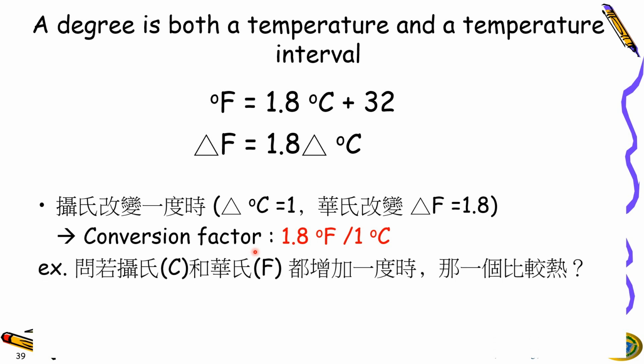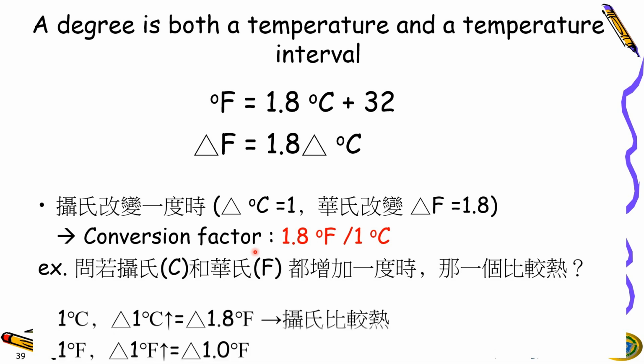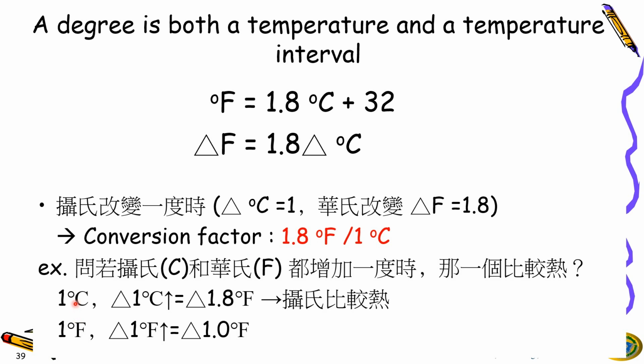So I have a question for you. If Fahrenheit increases 1 degree and Celsius increases 1 degree, which one is hotter? Which one may you feel hotter? Celsius, right? Why? Because if you increase 1 degree Celsius, that means you increase 1.8 degrees Fahrenheit. But if you increase 1 degree Fahrenheit, you only increase 1 degree Fahrenheit. So 1.8 versus 1, of course, Celsius is hotter.